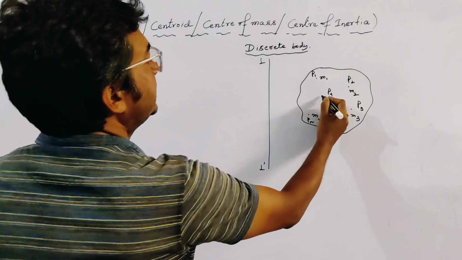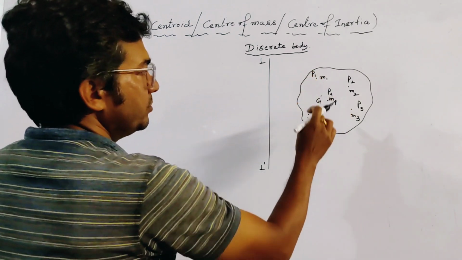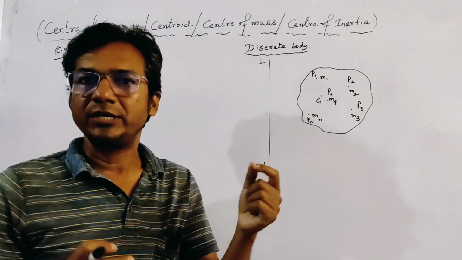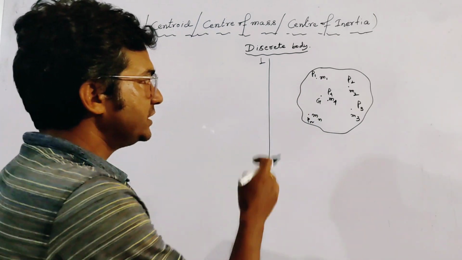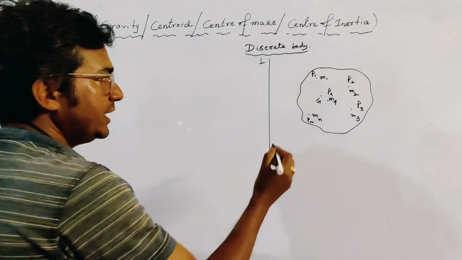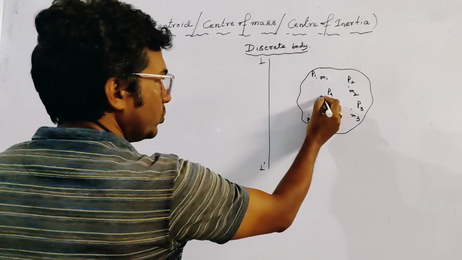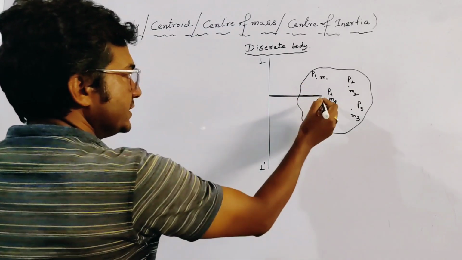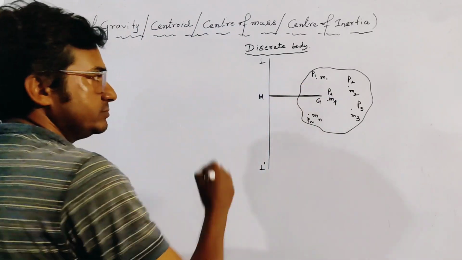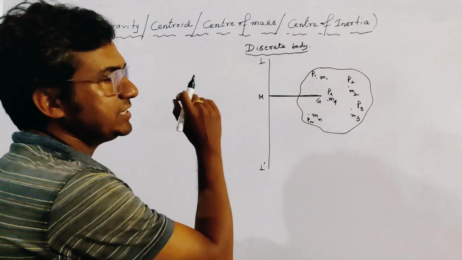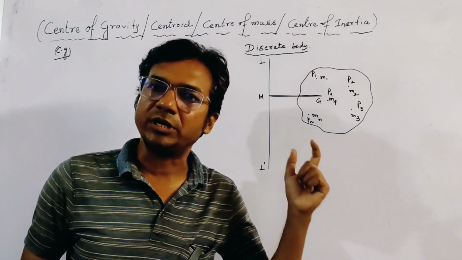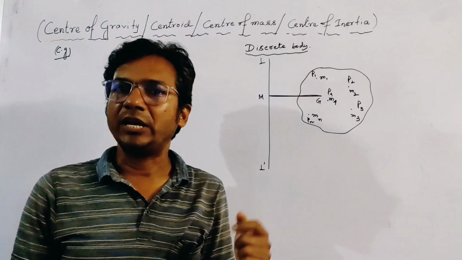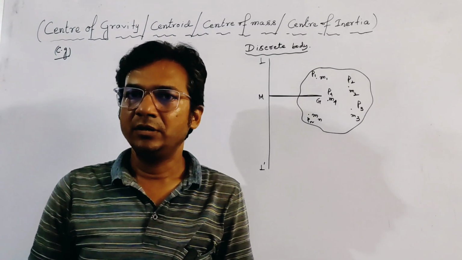If G is the center of gravity, usually denoted by G, then we have to find this distance, which is Gm. This is the center of gravity of the discrete body about the line LLS.